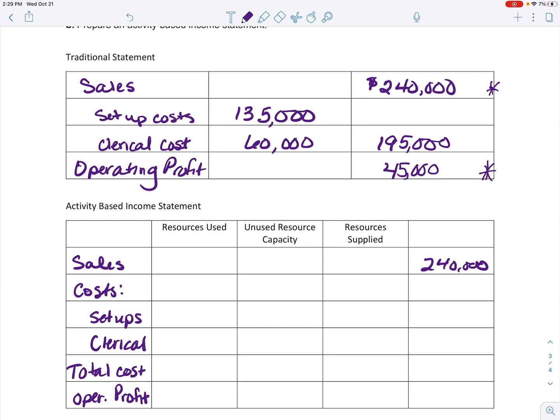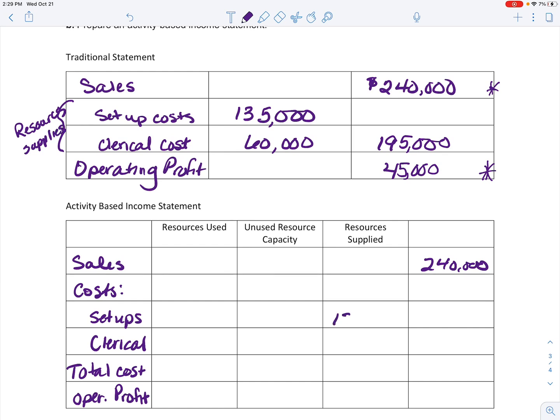Now remember, our resources supplied are going to be exactly the same as what's given. This is what was given into the job, what was sent over there.